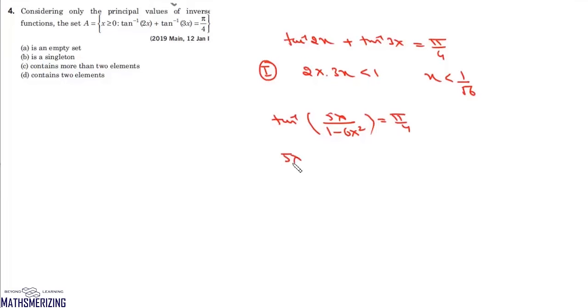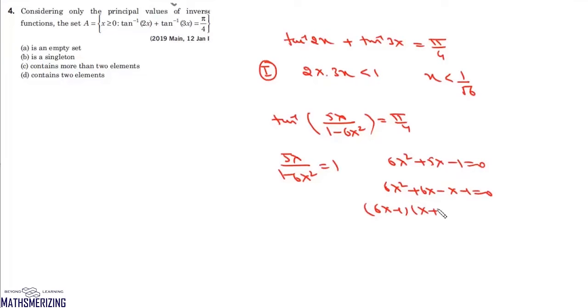So we'll write this as 5x upon 1 minus 6x square equals tan of pi by 4, which is 1. So we'll write this as 6x square plus 5x minus 1 equals 0. So it'll be 6x square plus 6x minus x minus 1. So it'll be (6x minus 1) into (x plus 1) equals 0. So the value of x is either 1 by 6 or minus 1.